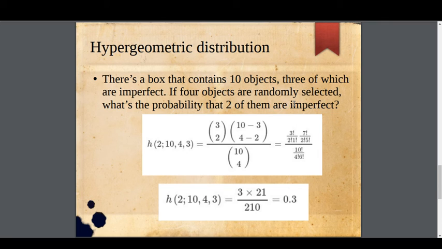It is 10 minus 3, which is 7. So we have the successes K equals 3 and N minus K equals 7, and we are going to take a sample of 4 elements, and we are interested in knowing the probability to get 2 imperfect elements and 2 perfect elements.